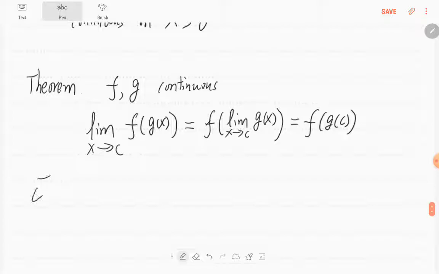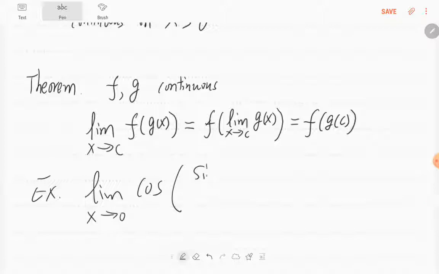Okay, so a quick example is the limit as x approaches 0 of cosine of sine x over x. We know this is a composite function, and cosine is a continuous function. Sorry, this is not a good example.